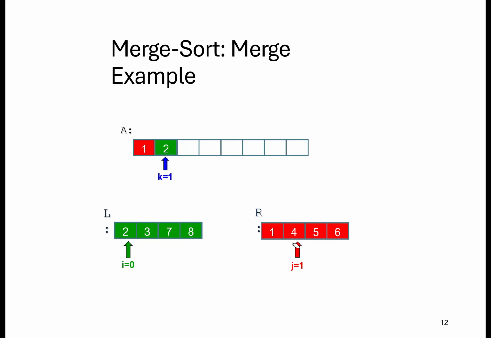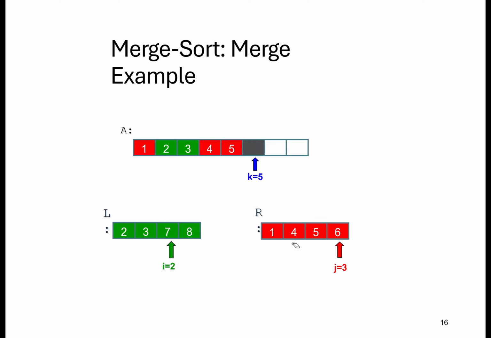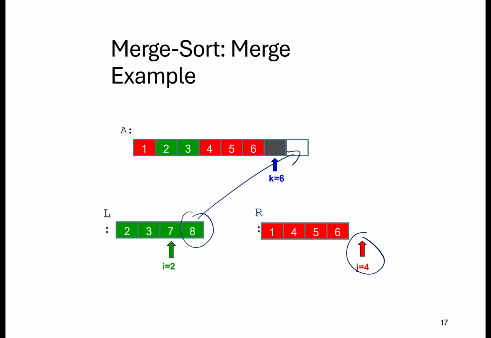Obviously 2 goes there, so the pointer moves. Now we compare 3 and 4. 3 goes there, and then 7 and 4. So we keep on doing this, right? And now you see that this one goes out of bound. So next, whatever is left here, I just copy it here. Okay, so this is how the merging happens.